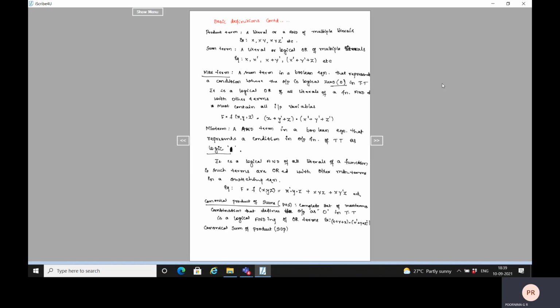The canonical sum of products, the next definition, is a complete set of min terms that defines the output in the truth table as 1, and such terms have to be ORed.